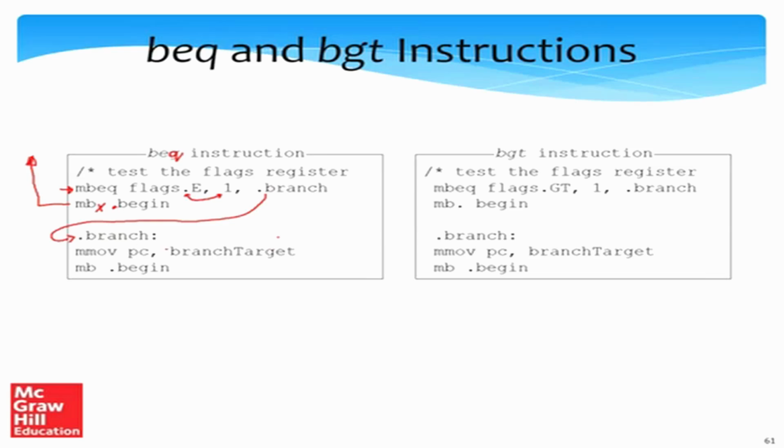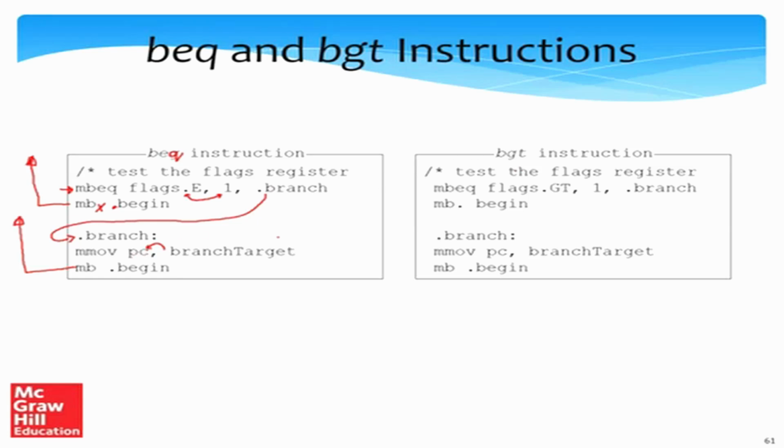So we move the branch target to the PC register, and then again jump to the beginning of the preamble. But this time when the preamble executes, it will see an updated value of the PC, which is the target of the branch, not old PC plus 4. So it will start execution from that point.